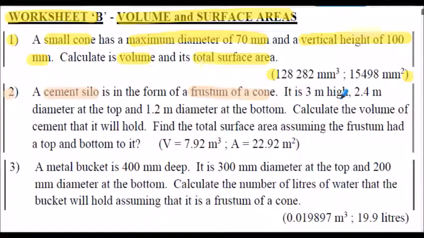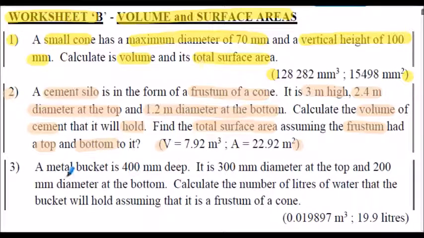We're given its height, which is 3 meters, the diameter at the top, which is 2.4 meters, and the diameter at the bottom, which is 1.2 meters. We've got to calculate the volume of the cement that this will hold. Also, we've got to find the total surface area, assuming the frustum had a top and a bottom. Answers shown in the bracket again.